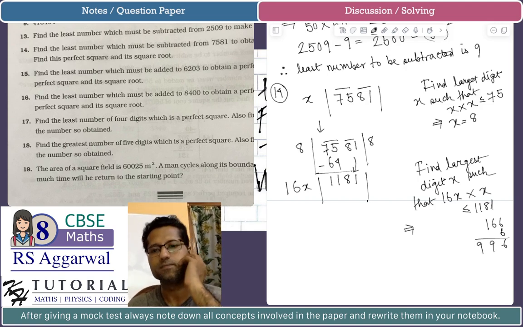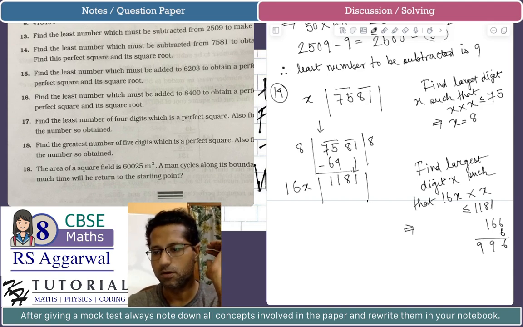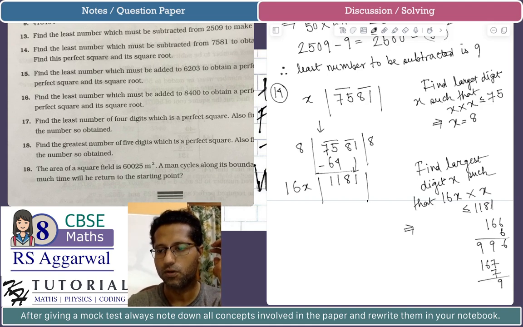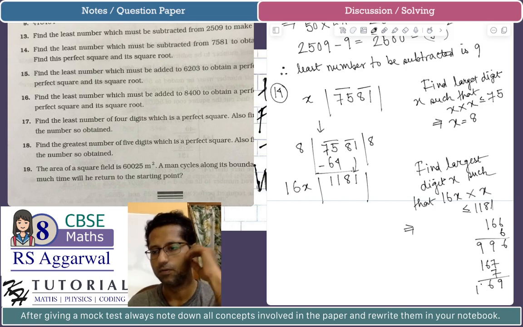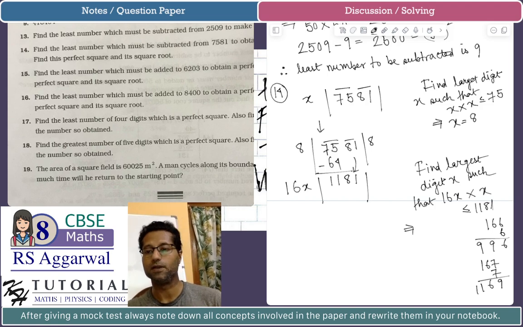Because x cannot be 7, because 167 multiplied by 7 is 49, and 42, 46, 11, so it is becoming 1169. We have to select x such that 16x multiplied by x is less than or equal to 1181.